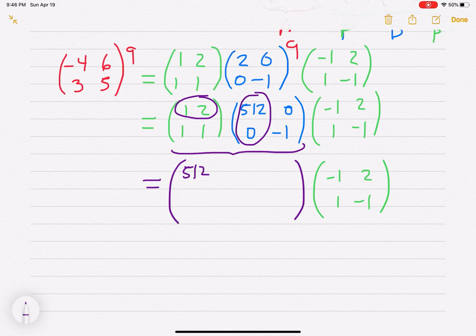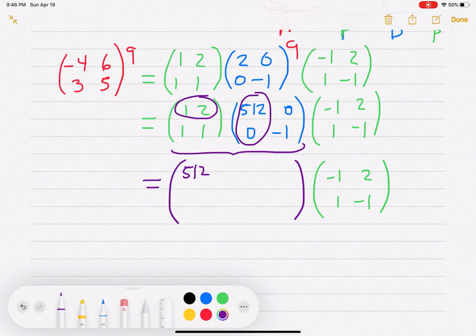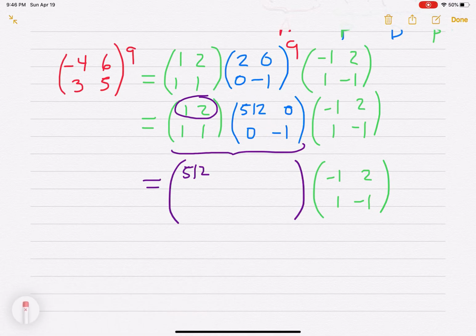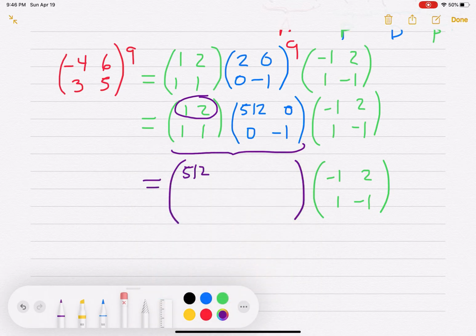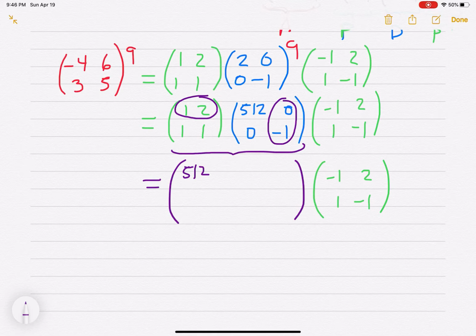So we get 512 for the first entry. For the first row, second column, I'm going to do 1 times 0 is 0, plus 2 times -1 is -2.